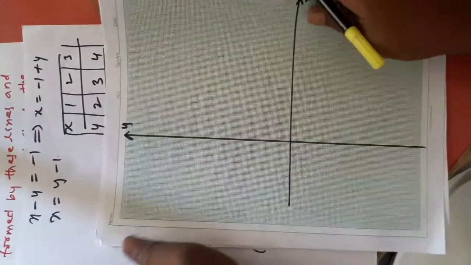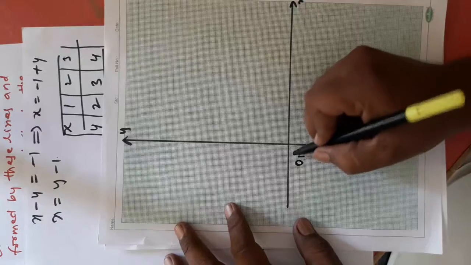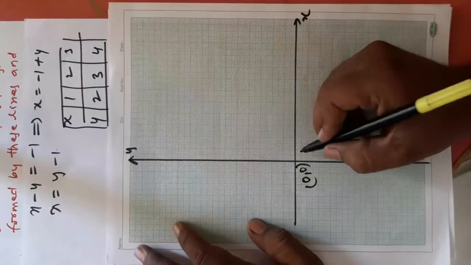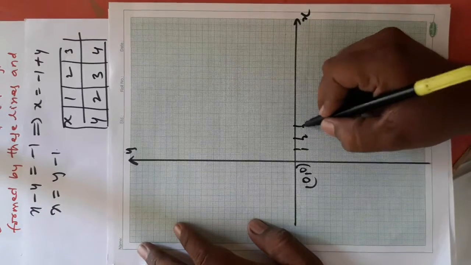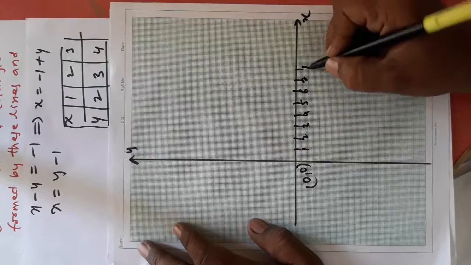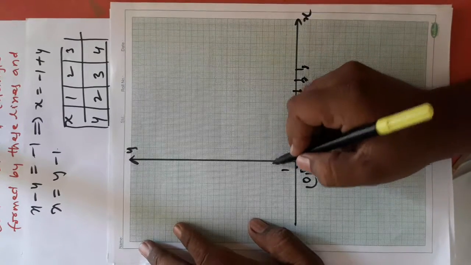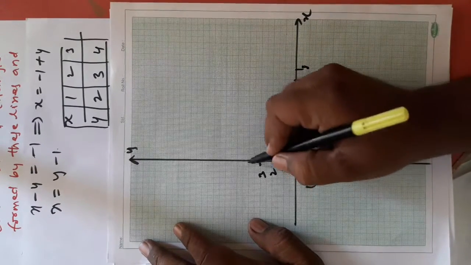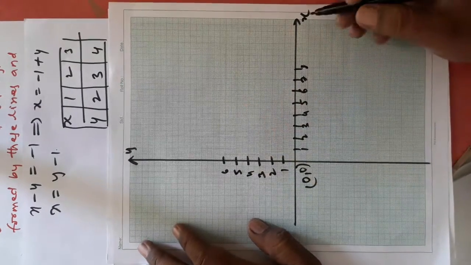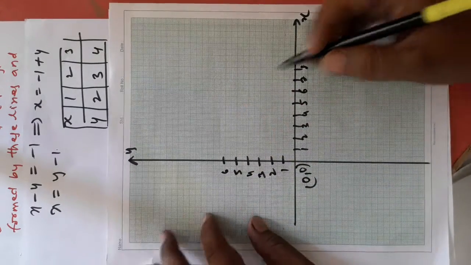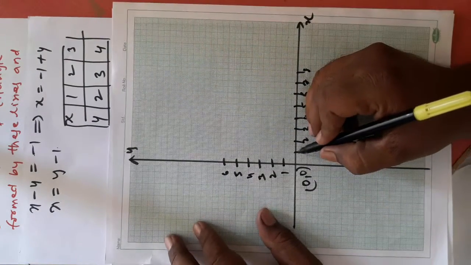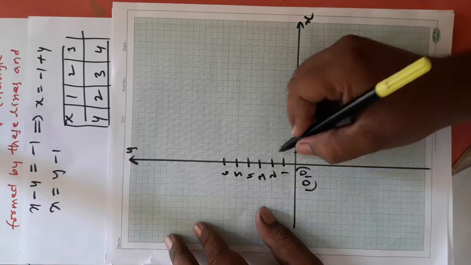See, this is 0 comma 0. What are the first line values? You write the values first here. 1, 2, 3, 4, 5, 6, 7, 8 like this. Then it is 1 comma 2, x is equal to 1, y is equal to 2.